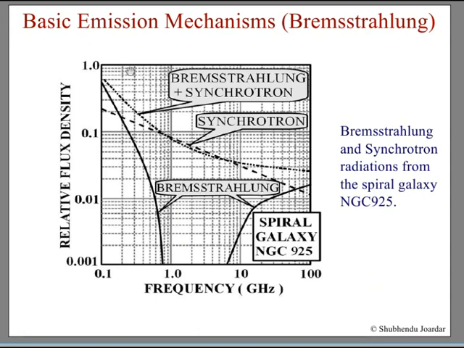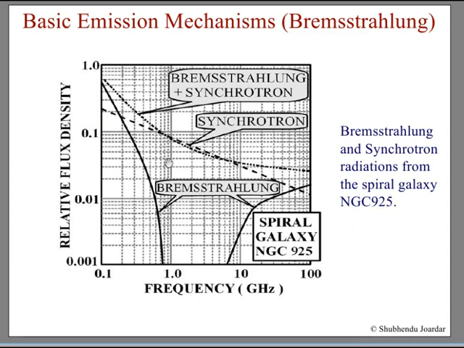Now, this is the Bremsstrahlung and synchrotron radiation from the spiral galaxy NGC 925. It's an example. You can see that this side is the frequency, and this side is the relative flux density. So this is somewhat normalized. These are the types of radiation that come from this galaxy.